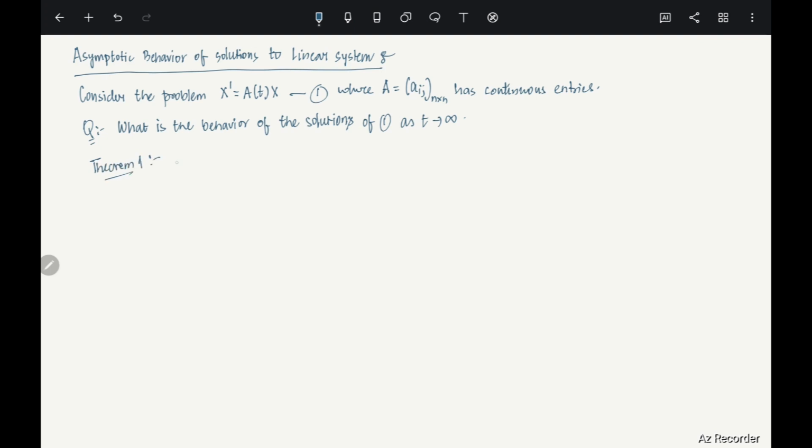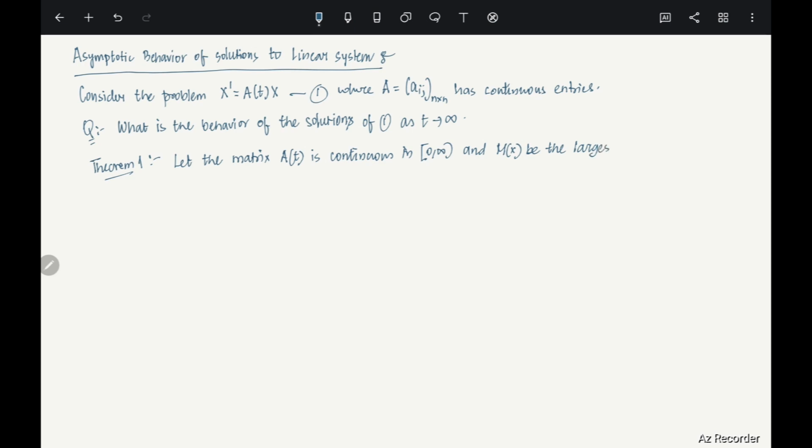Let the matrix A of t be continuous on 0 to infinity. This you have always assumed, but let's just write it on 0 to infinity.